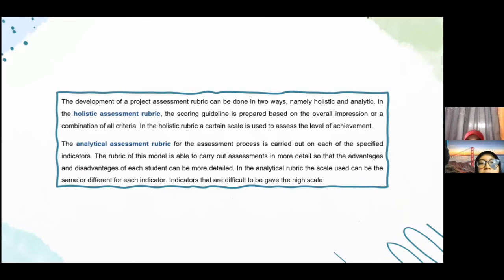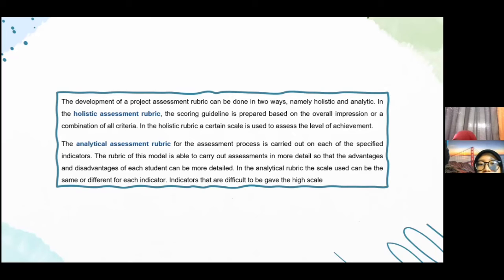Here, the development of a project assessment rubric can be done in 2 ways, namely holistic and analytic. In the holistic assessment rubric, the scoring guideline is prepared based on the overall impression or a combination of all criteria. In the holistic rubric, a certain scale is used to assess the level of assessment. Then, in the analytic assessment rubric, the assessment process is carried out on each of the specified indicators.